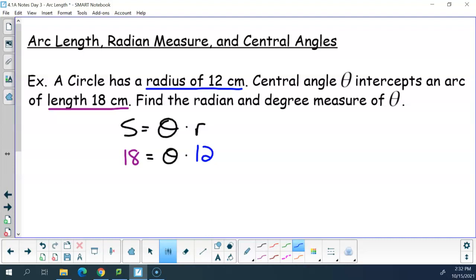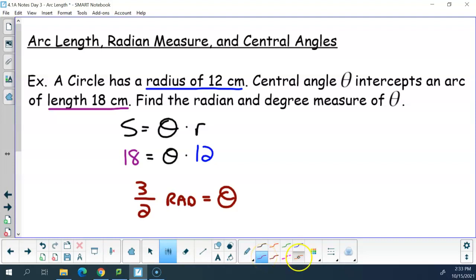So what's 18 divided by 12? 4/3? 3 halves. 18 divided by 12, both divided by 6, 3 halves. Yep, love it. So 3 halves radians would be our theta, right? That was in radians. Now we need to get that into degrees.